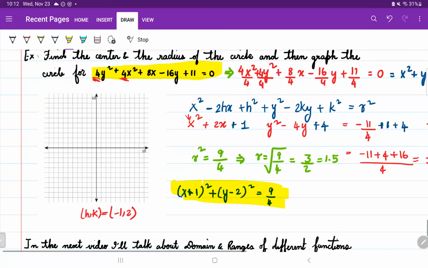Let us try to plot it now. We have -1 and 2. And then we have 1.5. That's 1.5. And we join all the points. That is our circle with the radius this, and our center that, and our radius is 1.5.